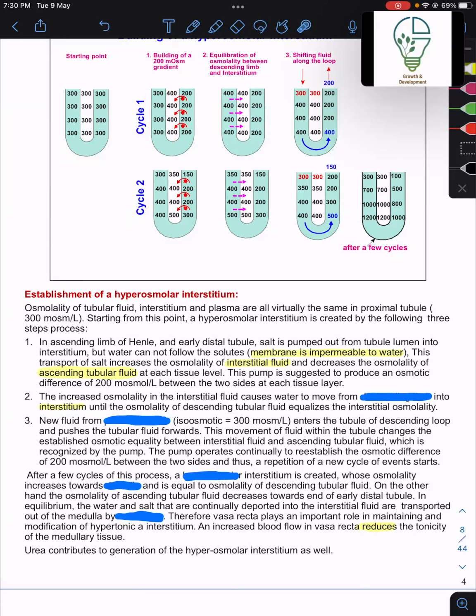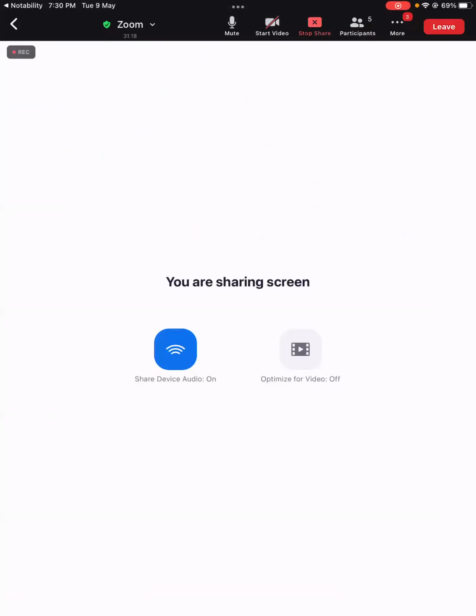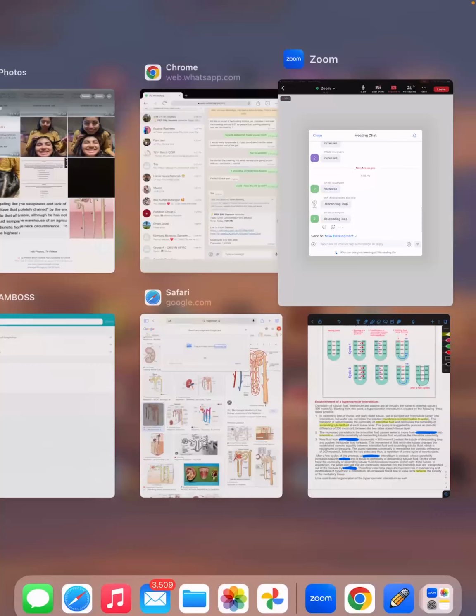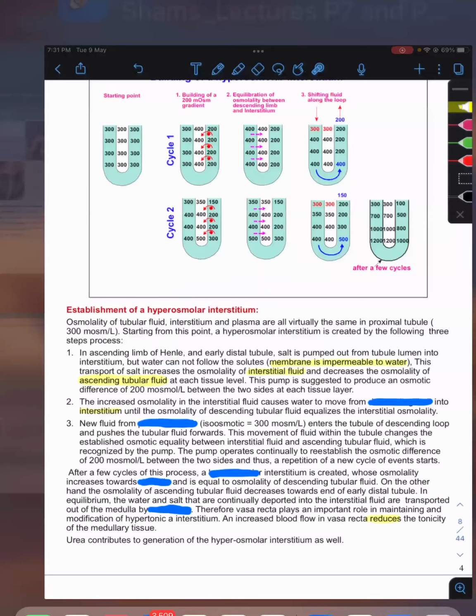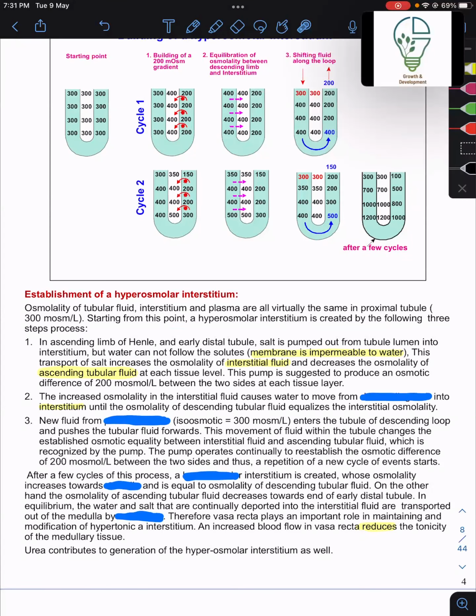What part? Good, descending loop, because I told you that the descending loop is permeable to water, the ascending loop is impermeable to water. Good. You guys got that right.